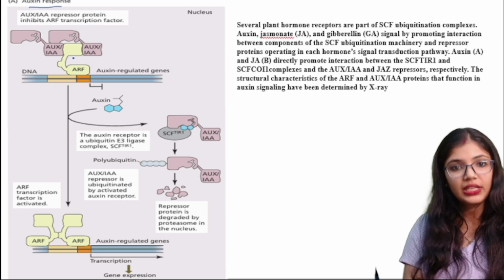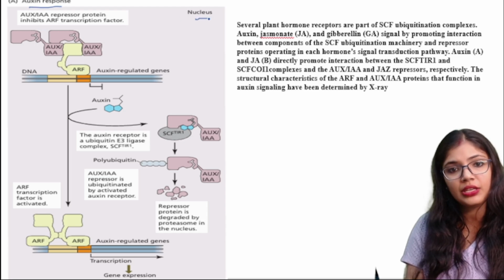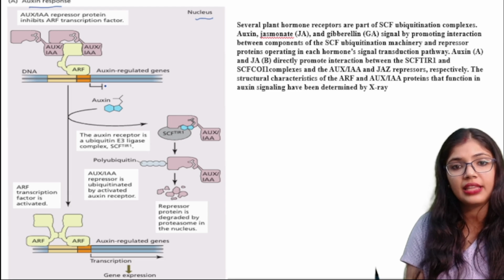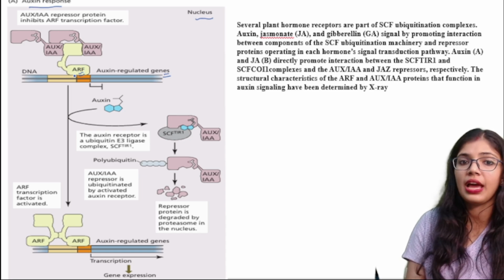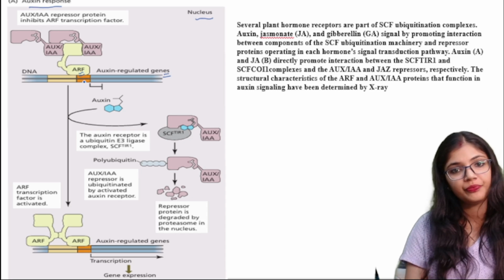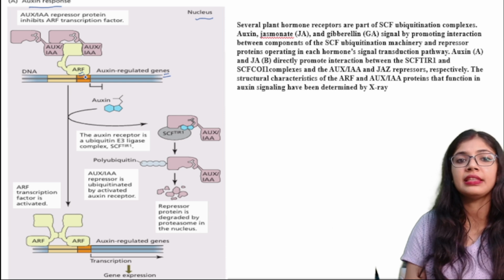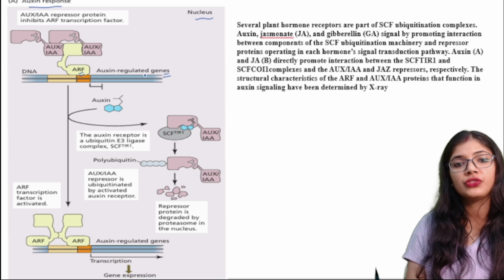Here in the nucleus, there are auxin regulated genes which are present, and there is an ARF site, which is known as auxin response factor, which binds in this promoter region. Okay, it binds in the promoter region and it inhibits the auxin regulated genes.